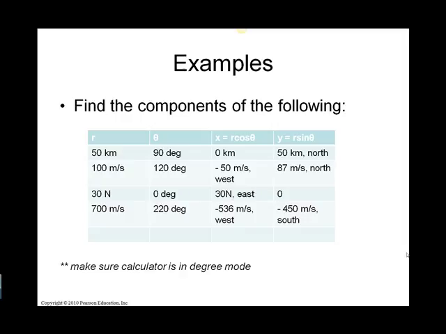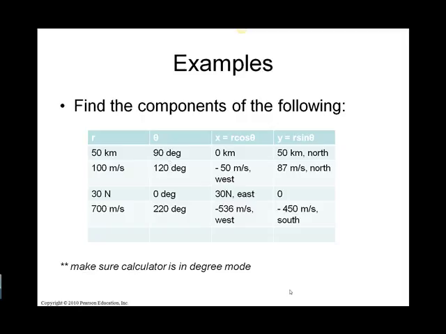Here are some examples. If I give you the magnitude and the direction, you should be able to use cosine and sine to find the x and y components. So the magnitude is 50 kilometers at 90 degrees.